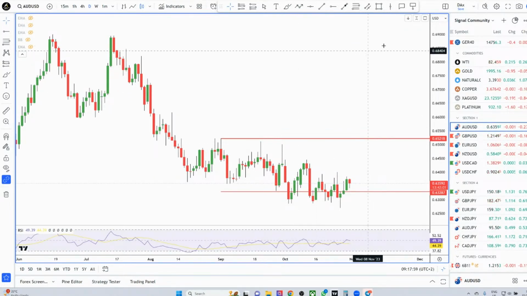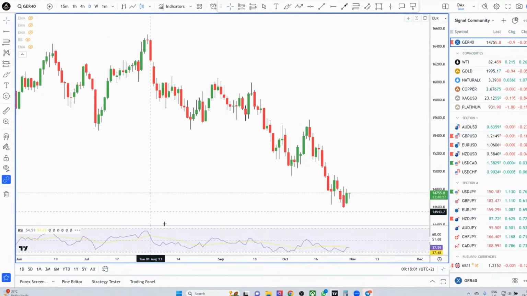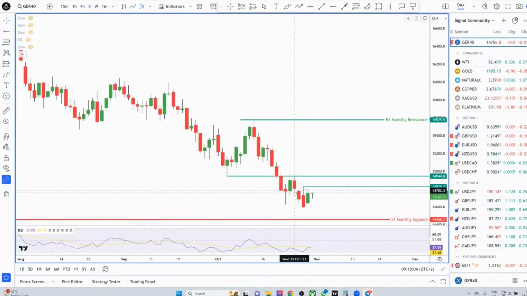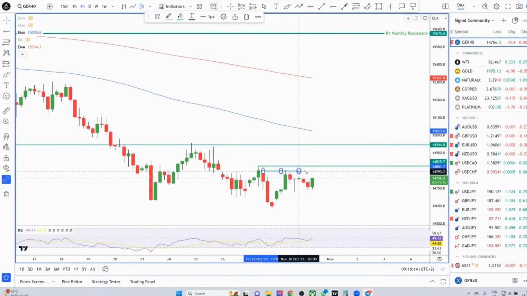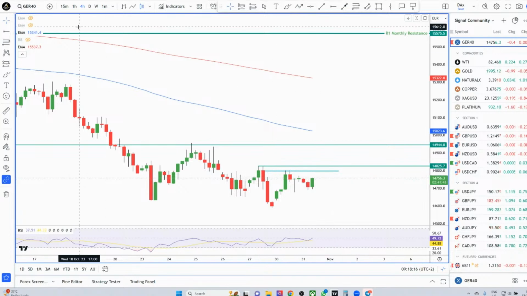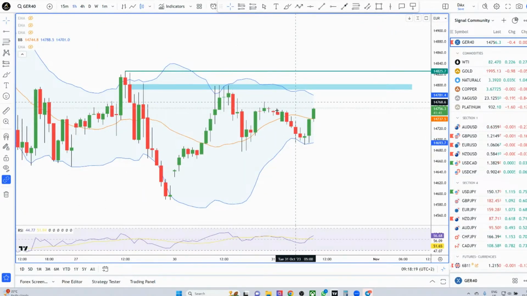DAX. Okay, DAX. Let's check the German 40. On the daily chart, it was an inside candle yesterday, and today I'm going to look for some bullish momentum out of that. On the hourly chart, that was a good hourly rejection here.